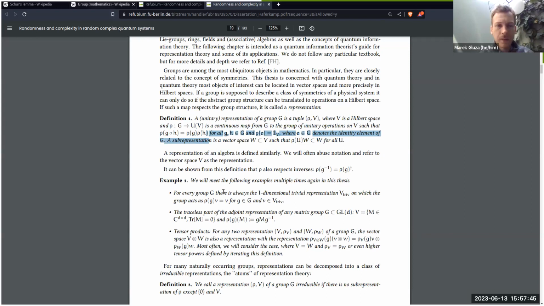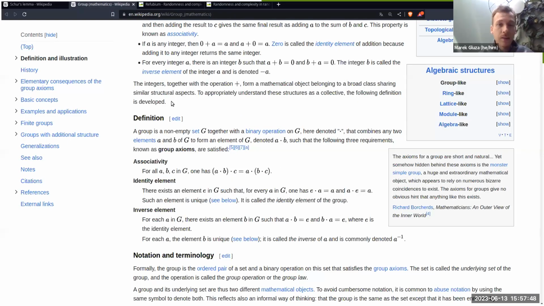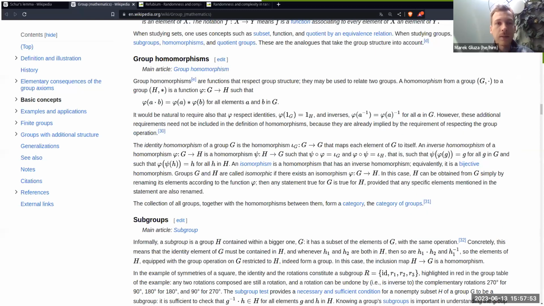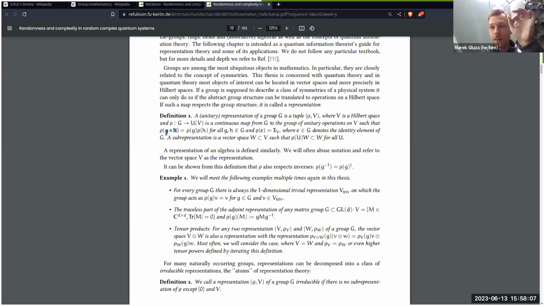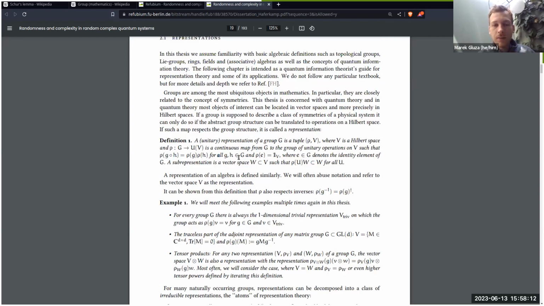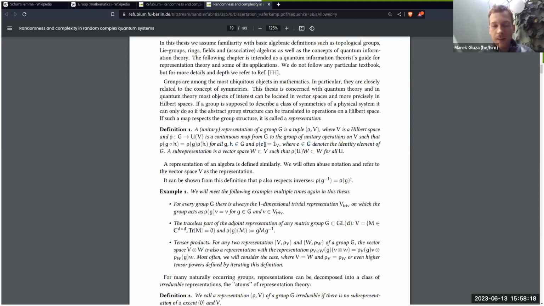On Wikipedia we had this: rho times rho is the right hand side of this equation, and on the left hand side we need to apply rho to the composition of the elements. Okay, and this abstract group G, probably there's some notation before, the multiplication here is just this kind of dot product. So for any two elements of this group it should happen, and we should have soundness, so the identity element should map to the identity element here. And it's explained, the identity element, we talked about this.